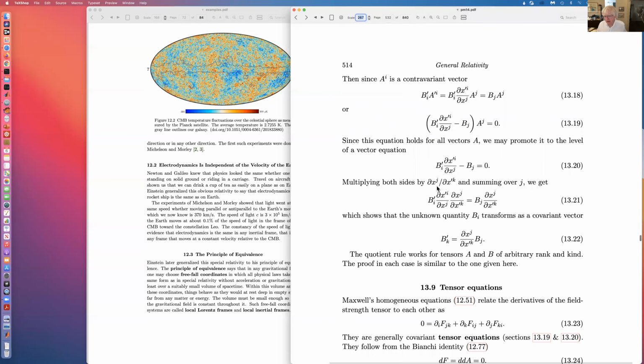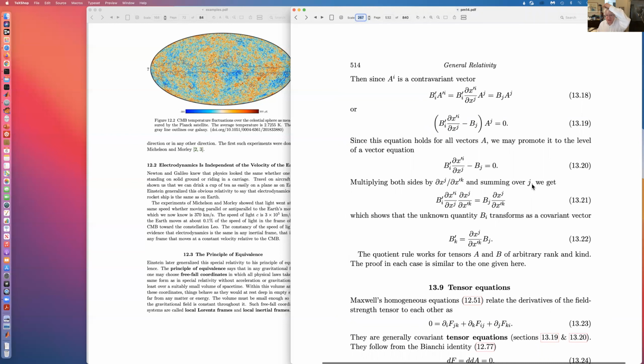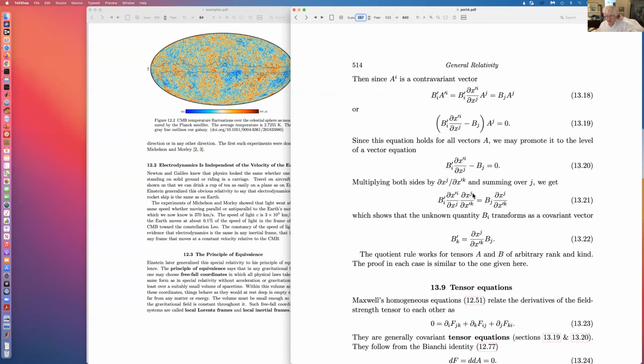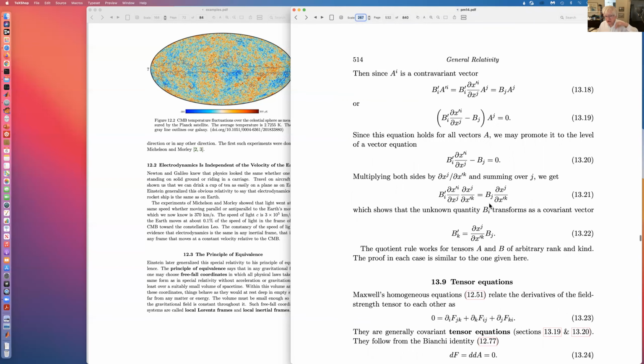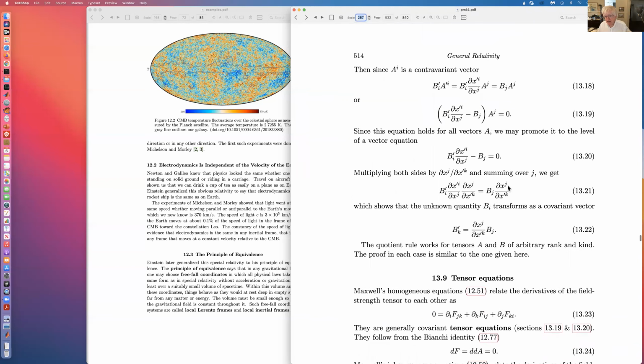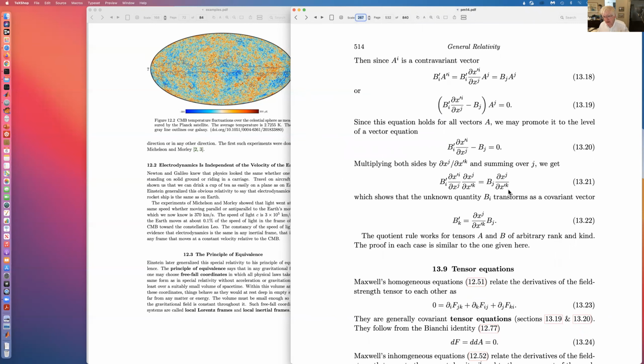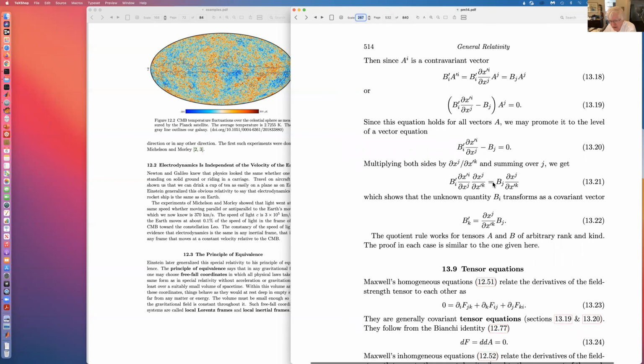Now we just multiply by this derivative and sum over J. Well, if we do that, we see that on the left-hand side, we just get B_J partial x^J with respect to x'^K. And unfortunately, I've got J and K.